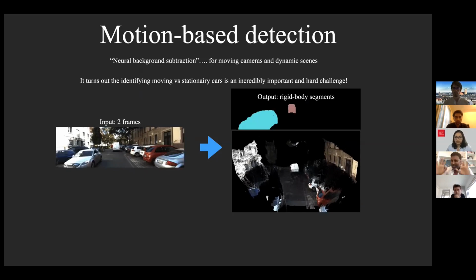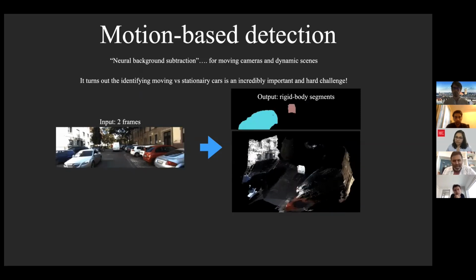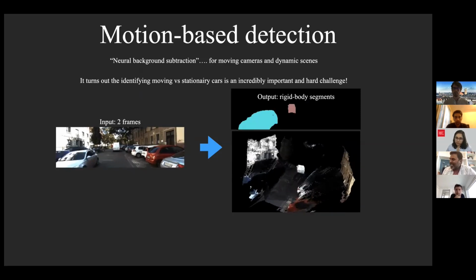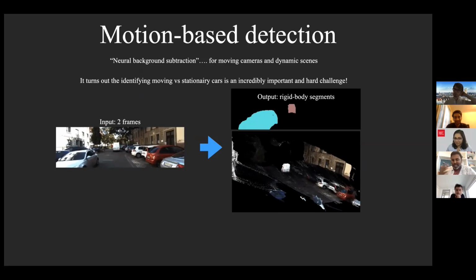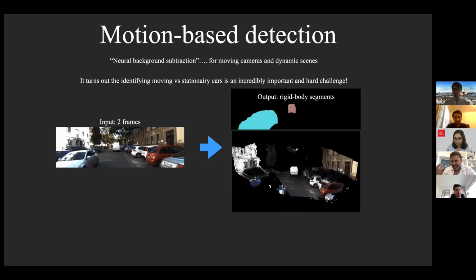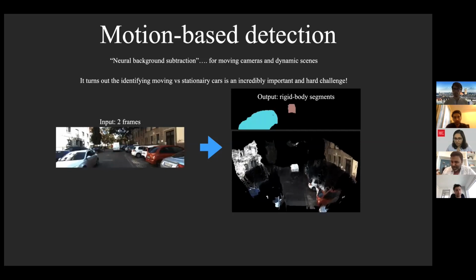Another interesting point, for folks outside this area, is that it turns out to be incredibly and surprisingly hard to tell the difference between a stationary car and a moving car. The reason is you can imagine someone is just about to move out of their parking spot. At that instant, they're moving very slowly, so it's really hard to distinguish between very small movement and no movement.